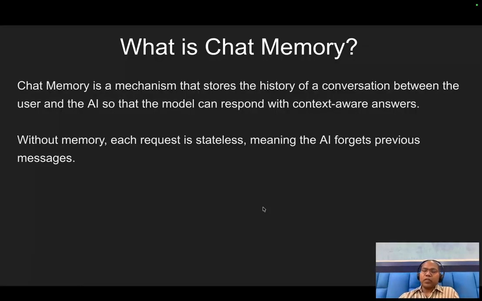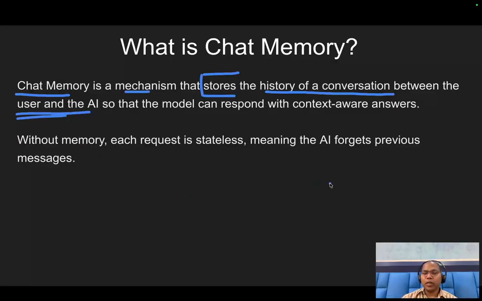Okay, that's great. So now this conversation history or memory is implemented by Spring in the form of chat memory. The chat memory is a mechanism that stores the history of conversation between the user and AI.